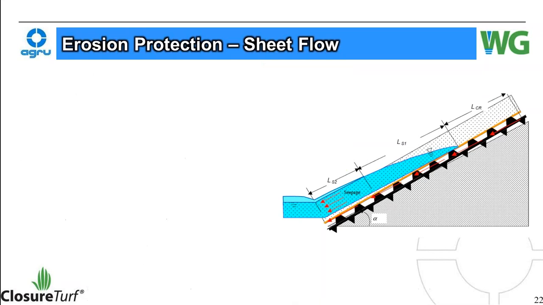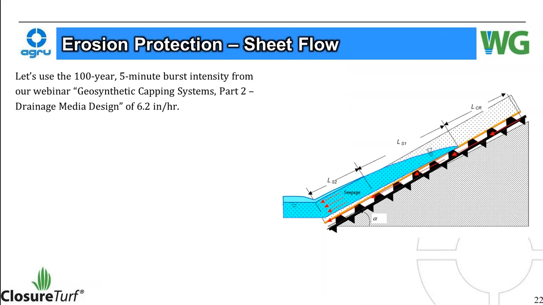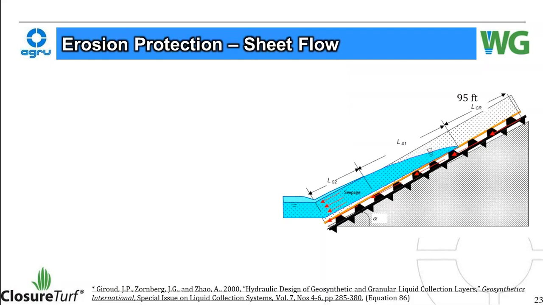Now what about rainfall? Well, I'm going to use that 5-minute burst intensity at 6.2 inches per hour again, and divide the allowable flow rate by that rainfall intensity. Estimates the critical length of the drainage matrix at 95 feet.